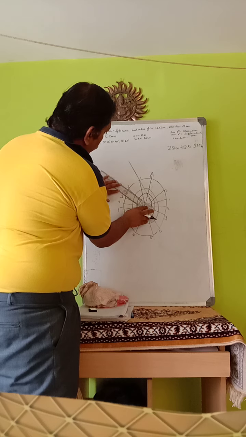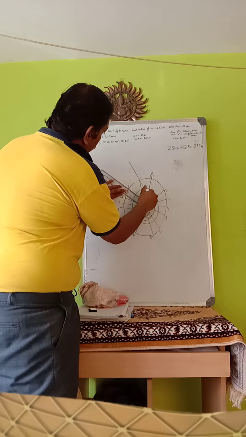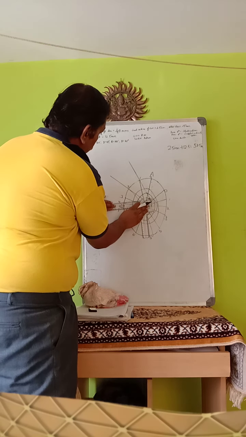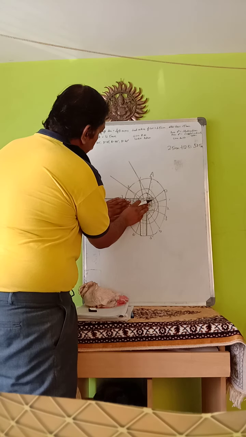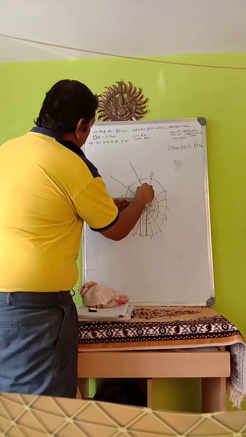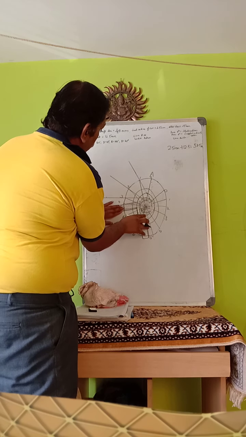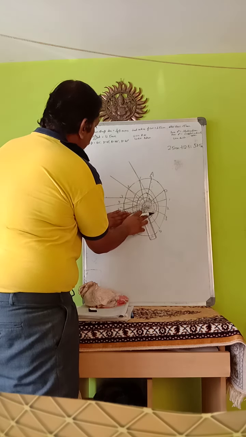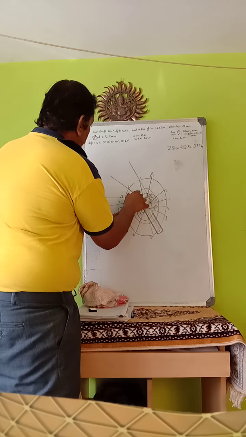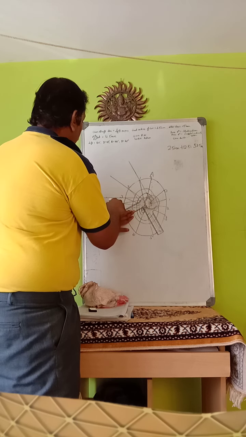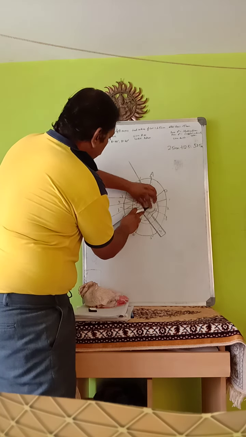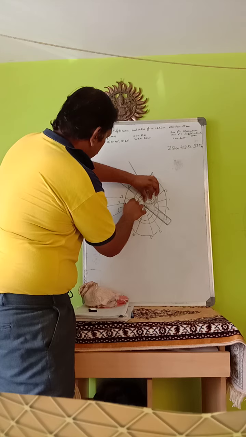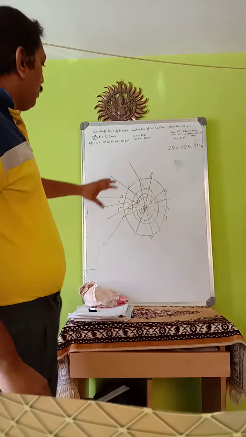So again from 2, you can draw the tangents to the circle, and from 3, likewise from 4, and from 5, and again from 6. So now you got the tangents.